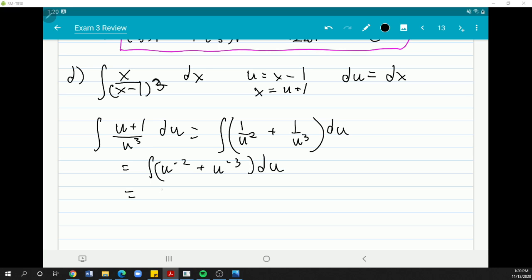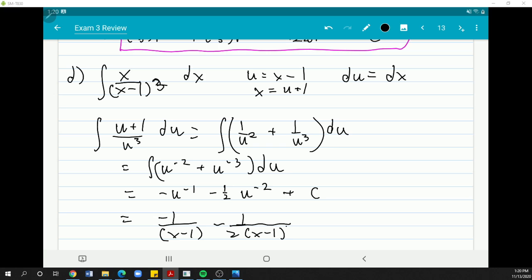Now we use the power rule. So I get minus u to the minus 1 minus 1/2 u to the minus 2 plus c. And now I can write this in terms of x's. So I'm going to get minus 1 over x minus 1 minus 1/2 times x minus 1 to the minus 2 plus c.